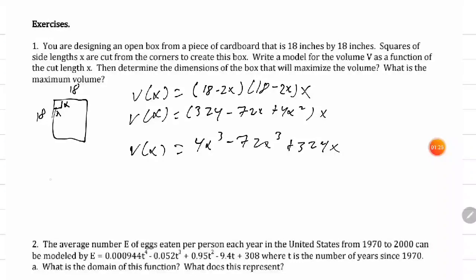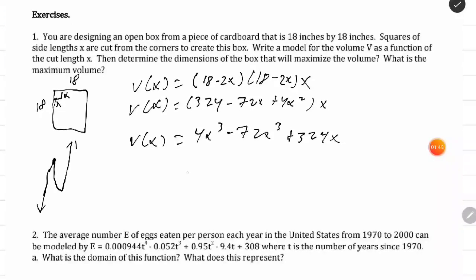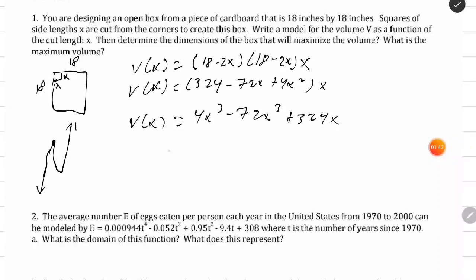So if we have something that looks like this, remember we're looking for this maximum hump here. If you're looking at your graph, look for your upper hump, and that happened to be a max of 2.999 and then 432.